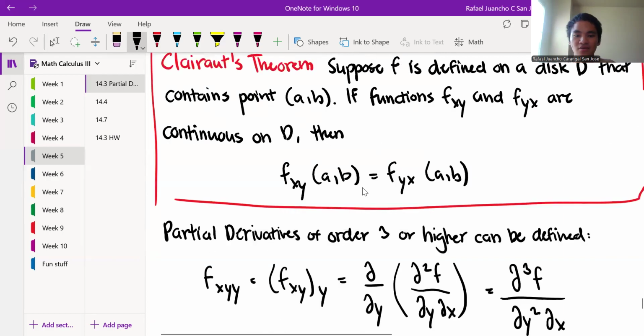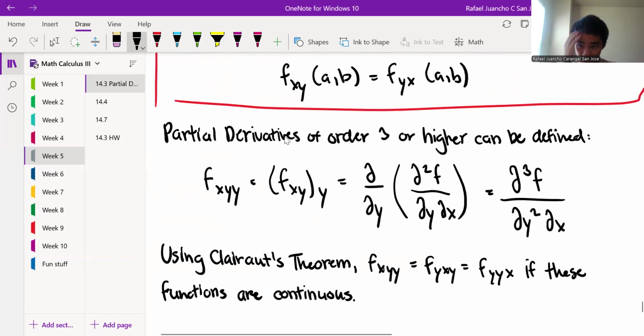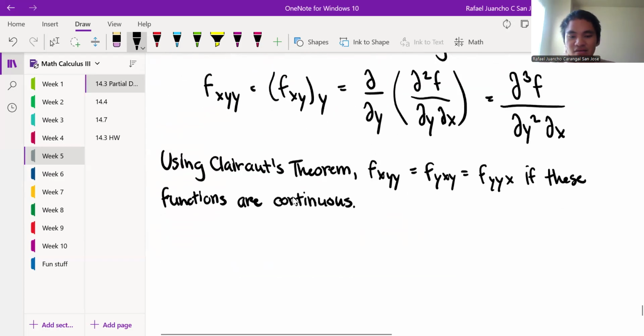Or at least that's one of the definitions that I know. My professor told me that in higher level math, there are particular functions that are not continuous.